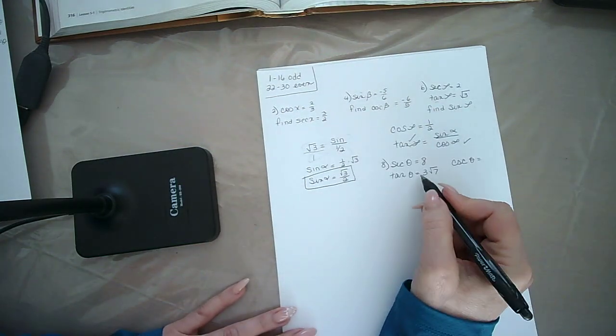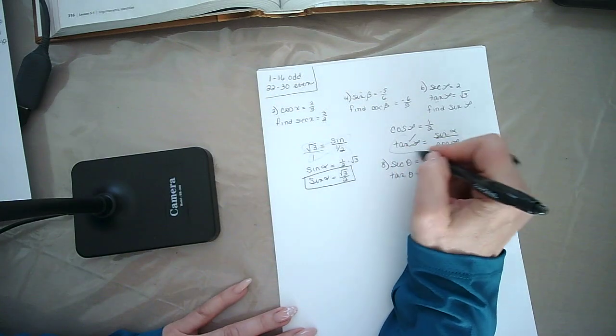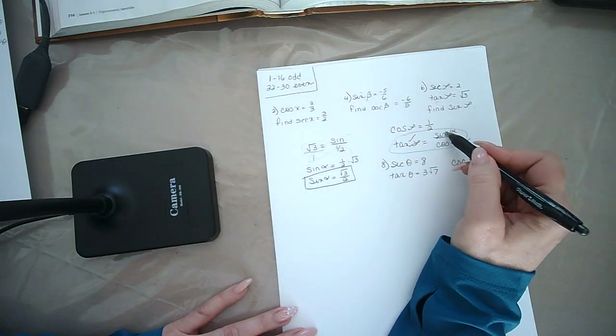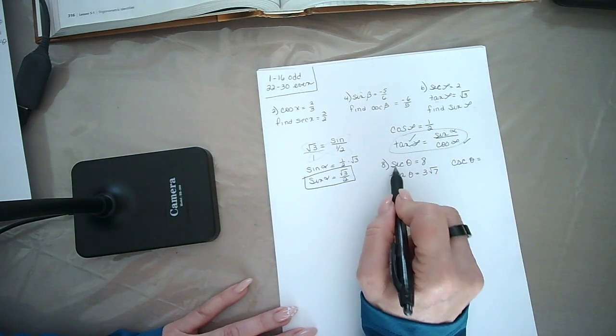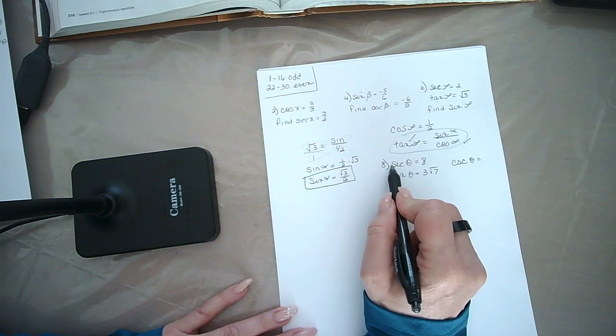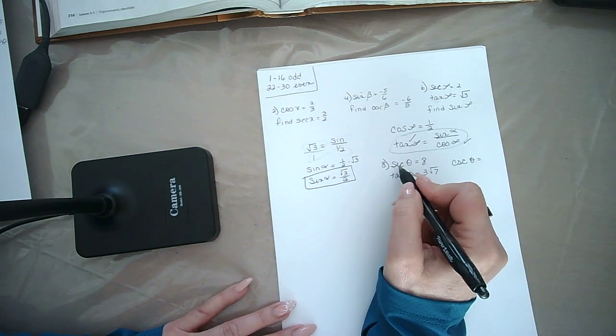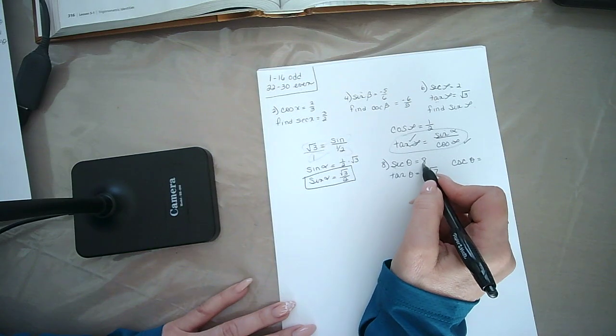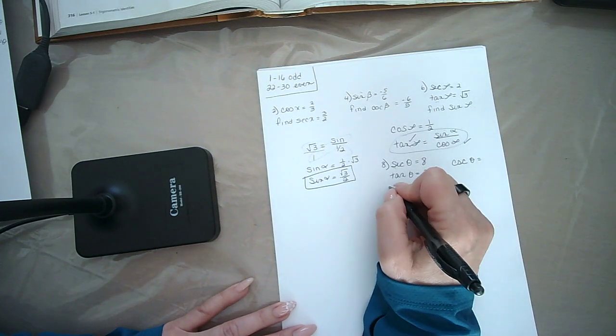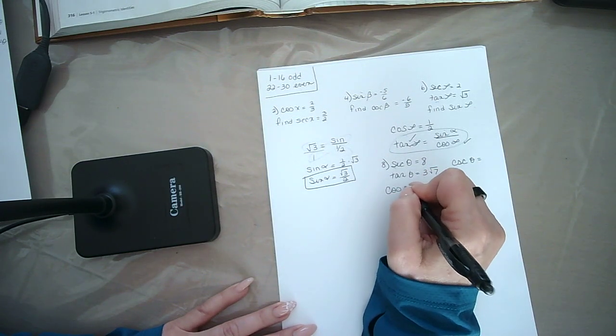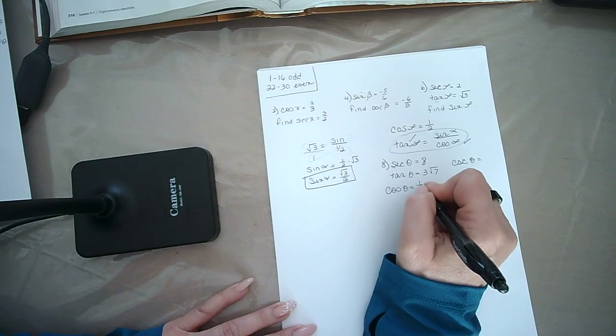I have the tangent, and tangent is equal to sine over cosine. This isn't the cosine, but I could flip it and get the sine. They gave me secant again, so the cosine is 1 over 8.